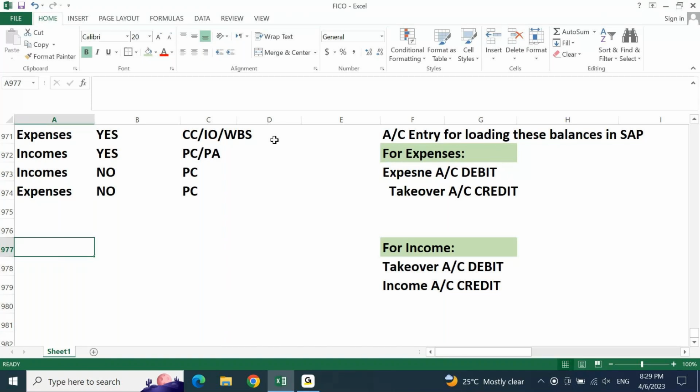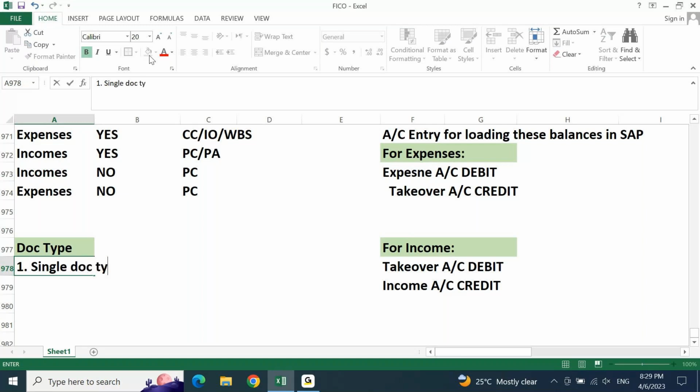Now somebody asked about document type. For this we will be using a new document type. Now here again there are two approaches. One is a single document type for all migration entries.